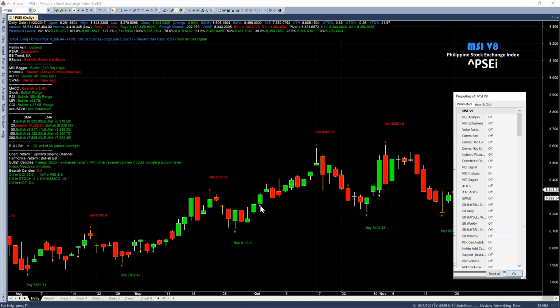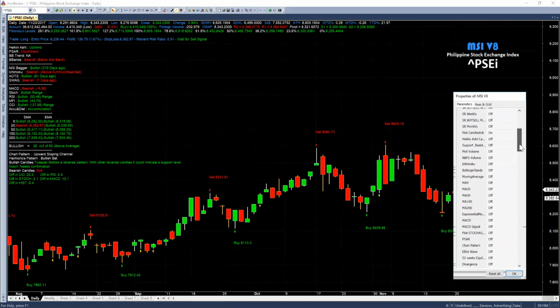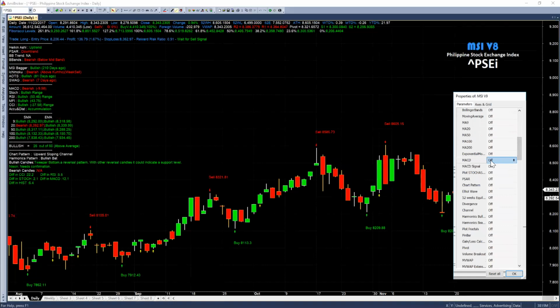So, nagkaroon na ng price action bago pa tayo makapasok sa MACD. So that's your MSI indicator. That's your second buy signal. Another buy signal that will come out will be the MACD.